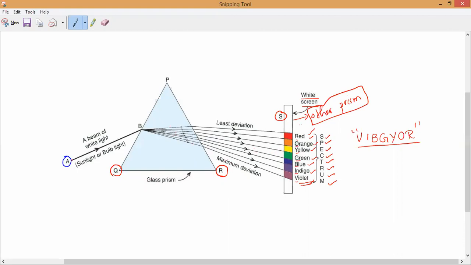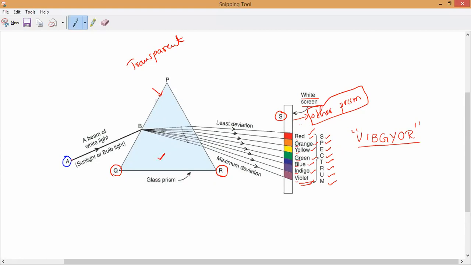Now you can observe the splitting of white light into seven colors while passing through this medium. Is it a transparent medium or a translucent medium? Transparent medium, like a glass prism.